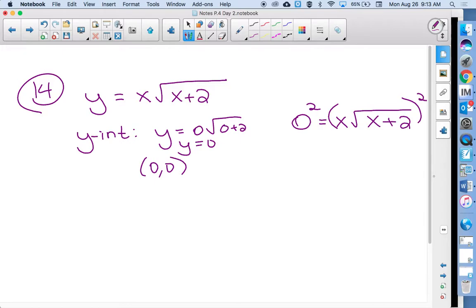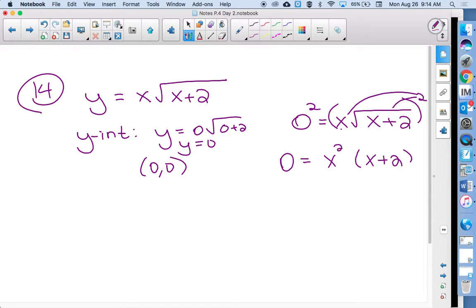Yeah, to get rid of the square root part. And when you do that, this becomes x squared. And then this part right here becomes x plus 2. So the little square goes to both pieces, anything that you're squaring. So that eliminates the radical from the problem.